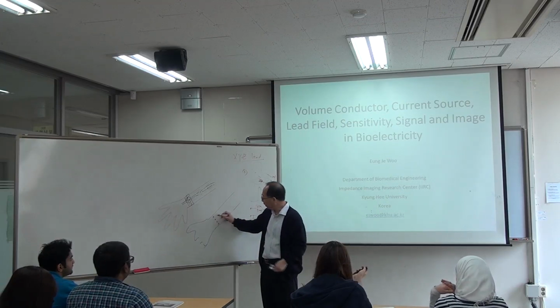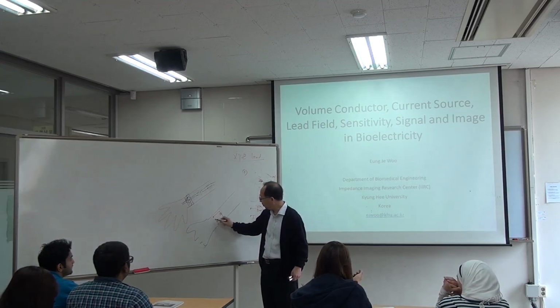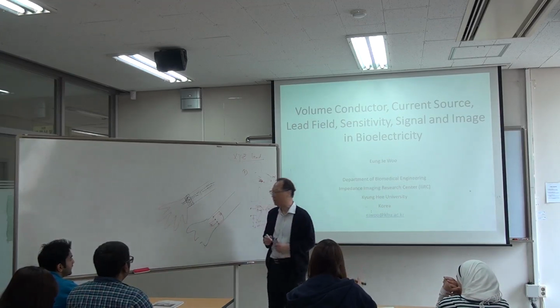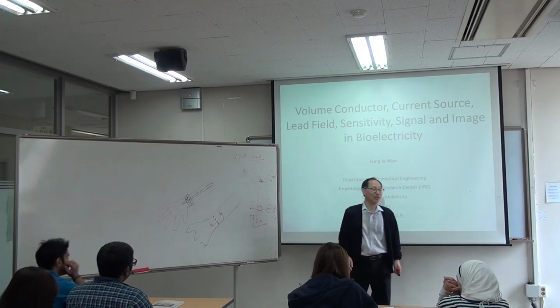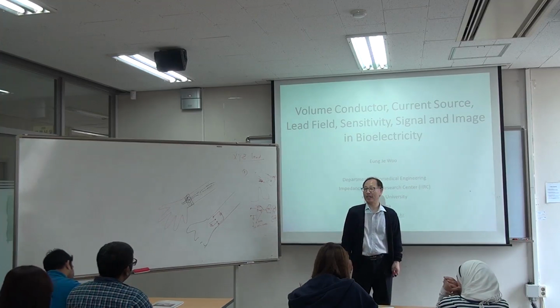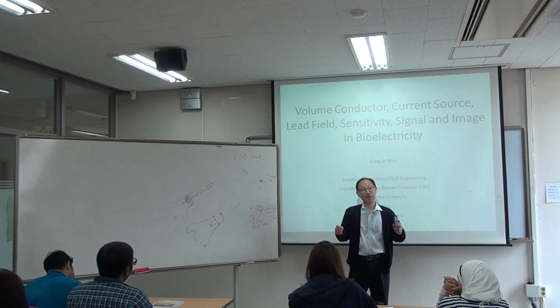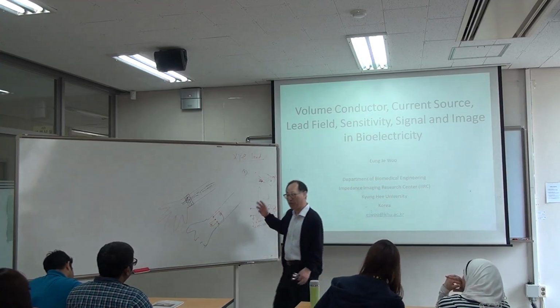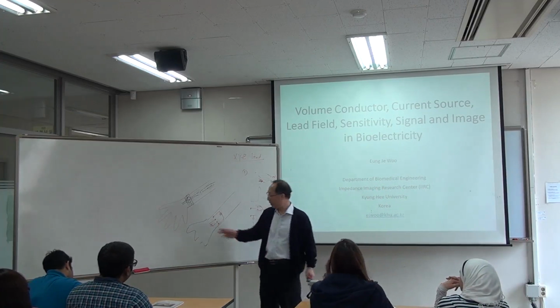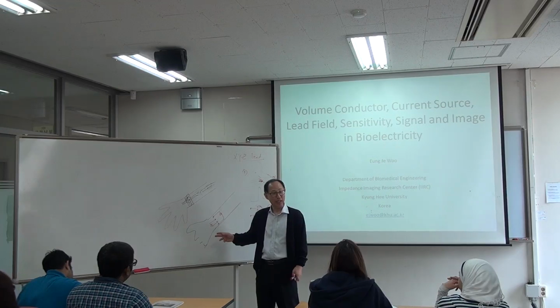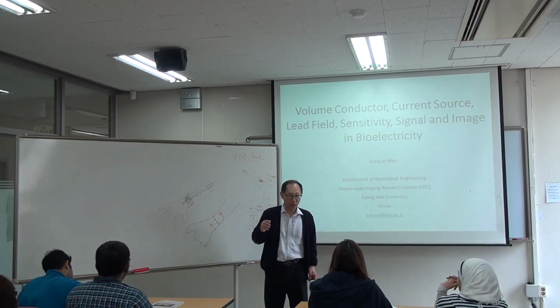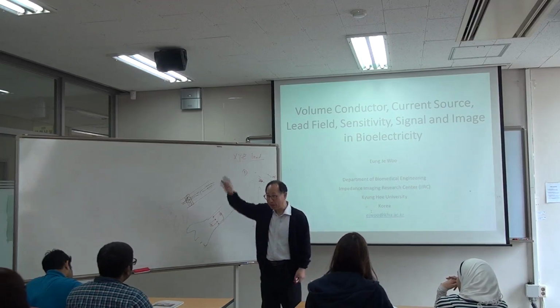I'm going to inject current between these two, and I'm going to measure voltage between these two. So what's going to be the lead field? So when we measure biopotential or bioimpedance, if you are going to find the lead field, forget about current first.